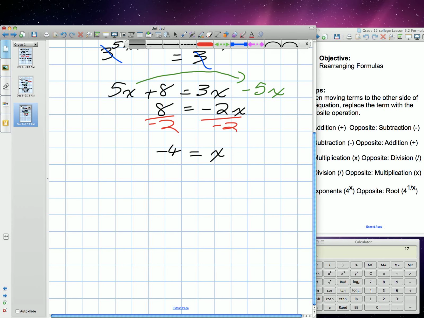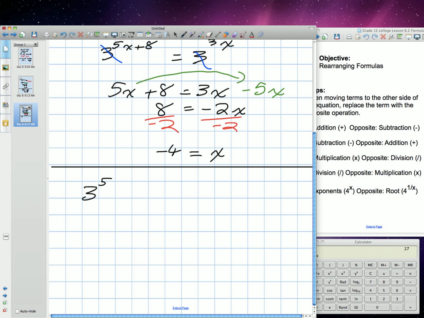So the question originally read 3 to the power of 5x plus 8 is equal to 27 to the power of x. So we'll plug in our x value, which is negative 4, into both of these. Okay. Now, because there is an x on both sides of the equation, I'm actually going to have to simplify both sides of the equation to check.